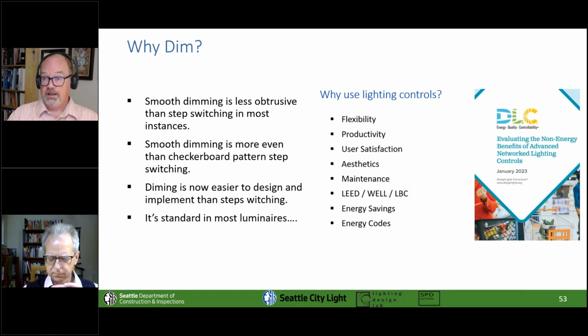So go ahead and assume that you're going to have light fixtures that dim. It usually doesn't cost much or anything to include dimming, particularly if you have network lighting controls or luminaire level lighting controls. It's simply the decision to use one wall switch type versus a different one, which usually cost about the same. It's just a choice of which one you want.